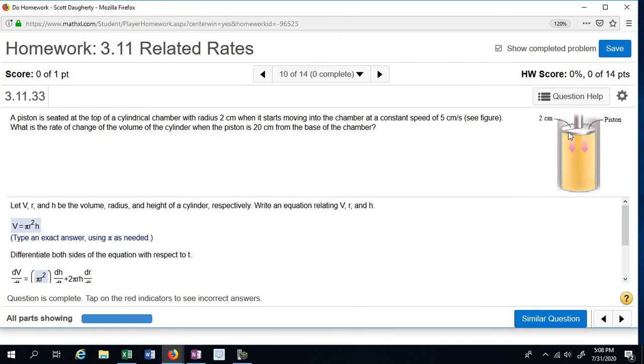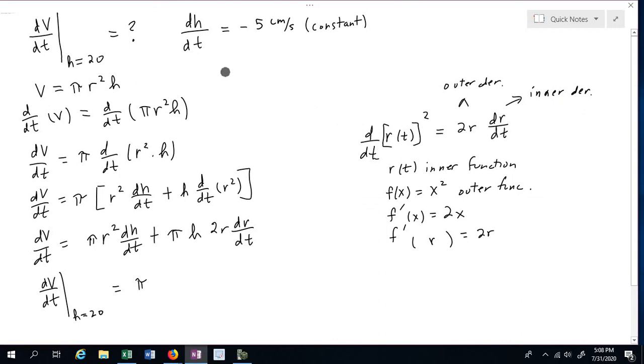So that's this radius here. And so that little circular piece at the top, the radius of that little circle is 2, right? And it stays the same throughout the problem. It's constant. That doesn't change. That radius remains 2 as the piston moves downward. Okay? So going back to this, we know the radius is always 2 centimeters. That's constant.